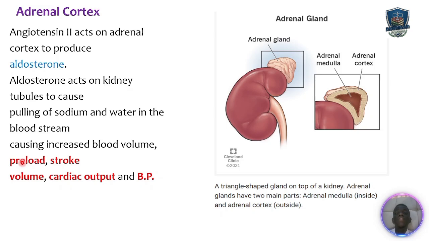When that happens, the stroke volume will be massive, cardiac output will increase, and finally there will be an increased blood pressure. So angiotensin II also works on the adrenal cortex to increase blood pressure. I hope we have understood.